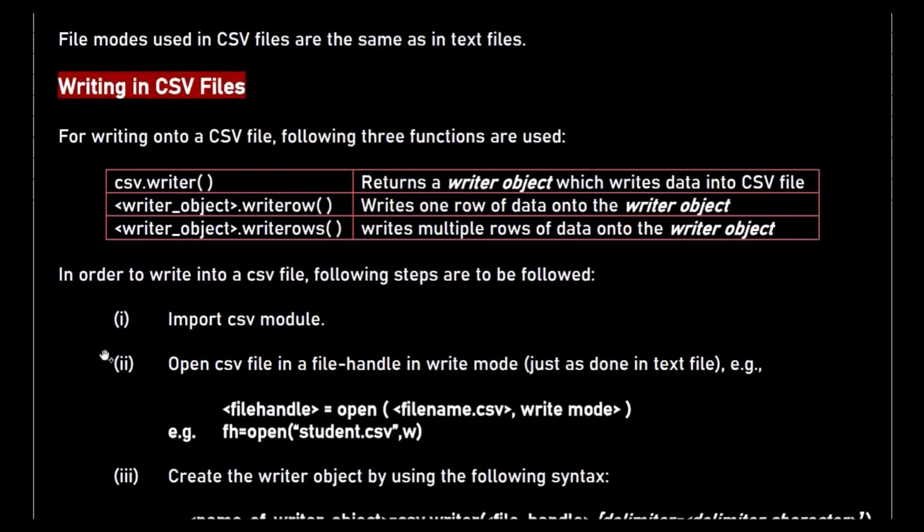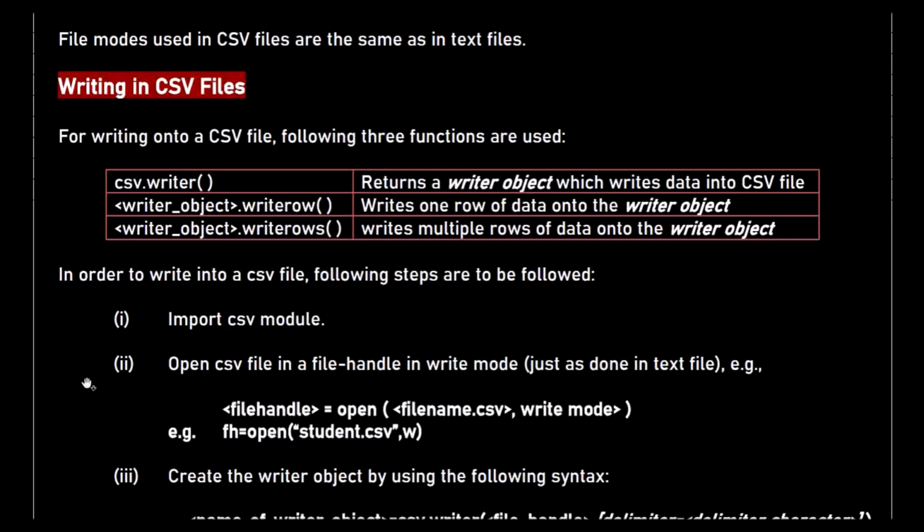So it is important to convert the received user data into a form appropriate for CSV files. This task is performed by the writer object. The data row written to a writer object, using the writerow or writerows functions, gets converted to CSV writable delimited form and then written onto the linked CSV file on the disk.